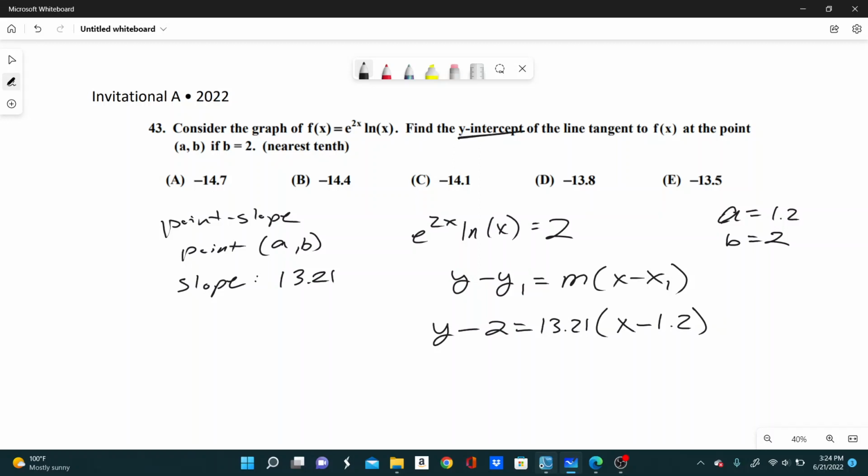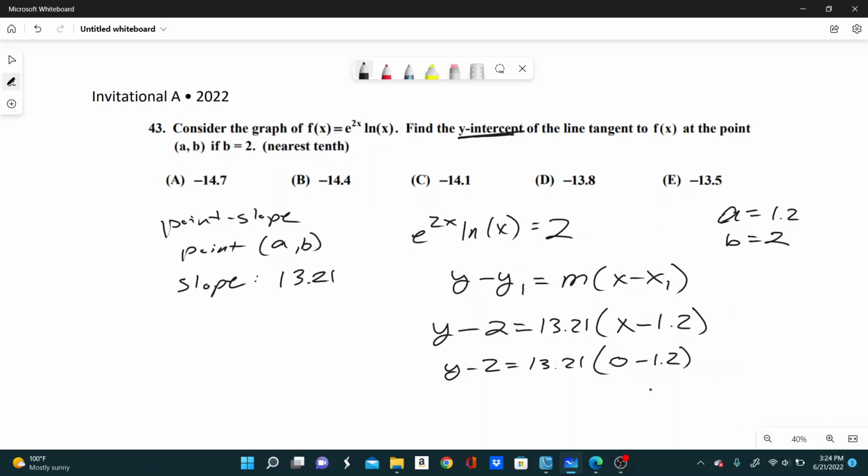And now we just have to find the y-intercept. Well, the y-intercept is whenever x equals 0. So I'm just going to make the substitution. I'm going to say x equals 0. So y minus 2 equals 13.21 times 0 minus 1.2. And now all we have to do is solve for y.